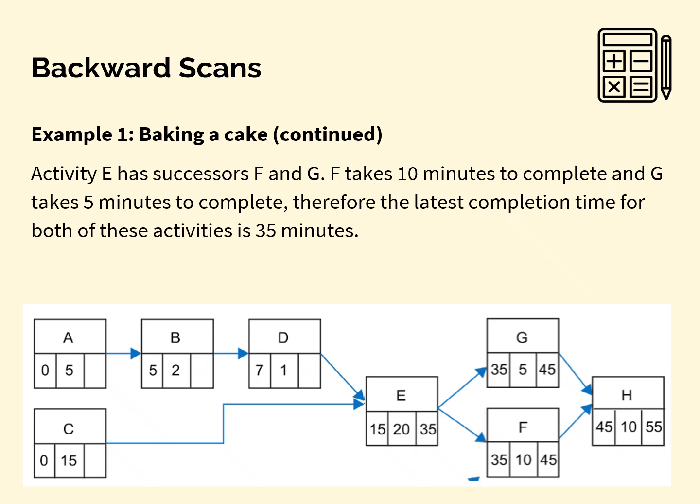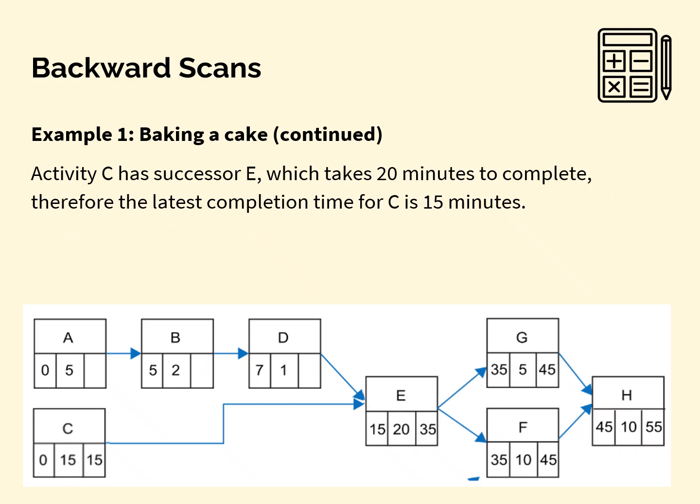So moving on, let's look at activity C. It's on the critical path, so its latest end time must be 15. It's only got the one successor, activity E, and 35 take away 20 is 15. So that goes in there.